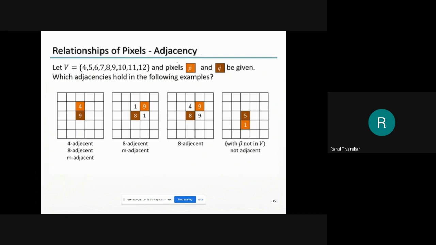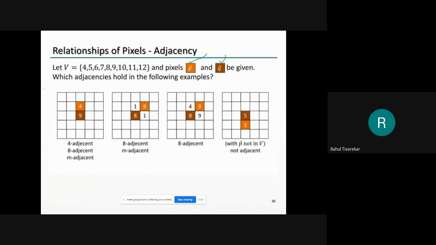Now this is a question for you. Listen very carefully. We are talking about the adjacency. Let's see, by using some bright orange color, pixel P is represented, and by using dark brown color, pixel Q is represented, and we have to talk about adjacency between them: 4 adjacency, 8 adjacency, and m adjacency.